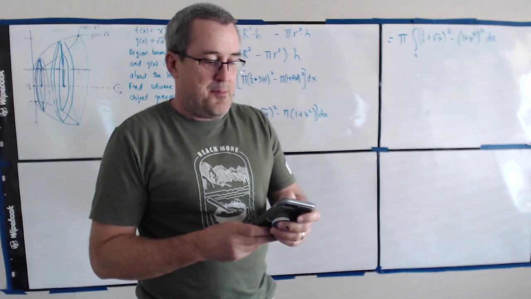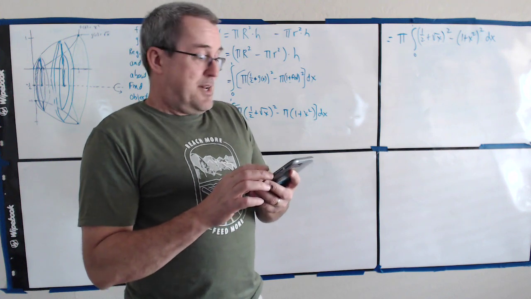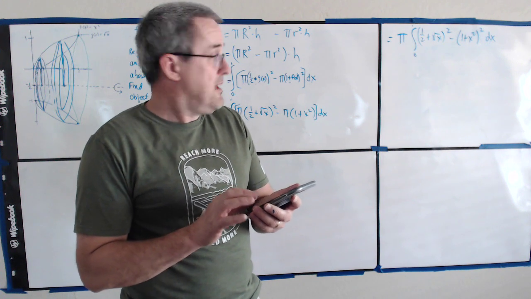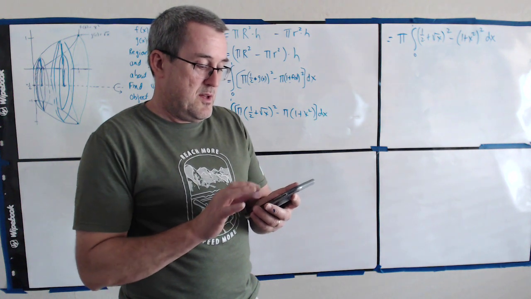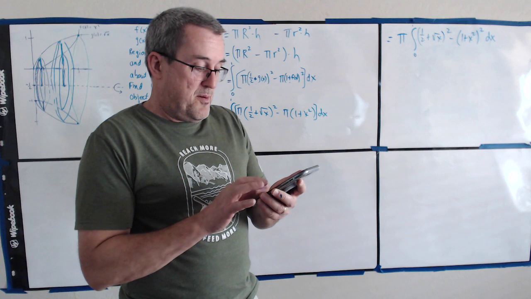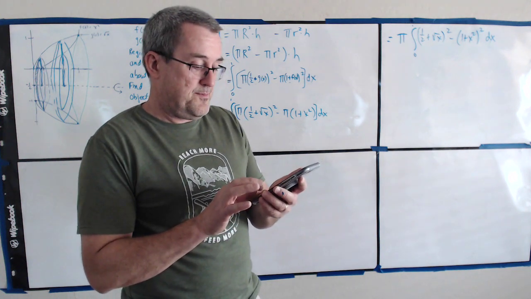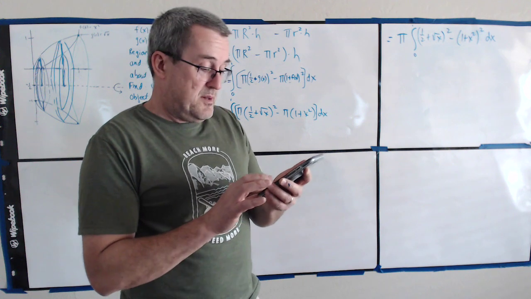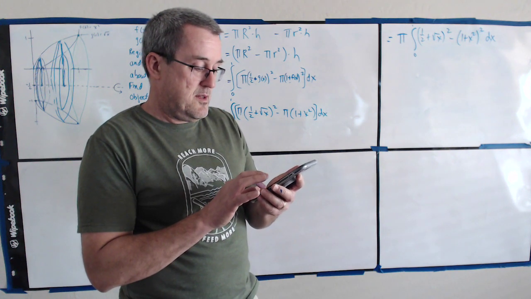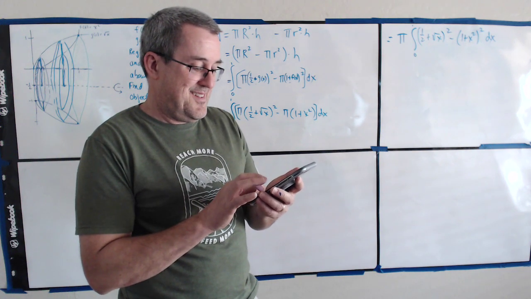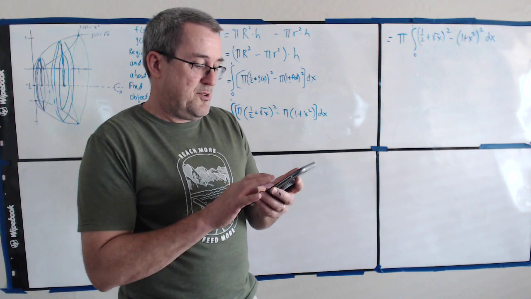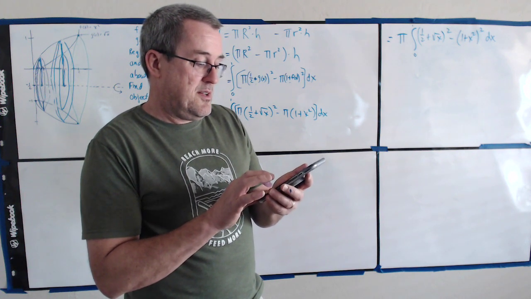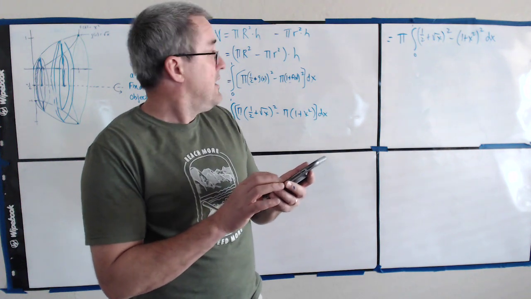I know you can't see it, but I'm going to go to Desmos, and I'm going to type in pi, and then int, the integral from 0 to 1, and then a parenthesis and 1/2 plus the square root of x, I hope you're doing it too, squared, and then minus 1/2 plus x squared, dx.